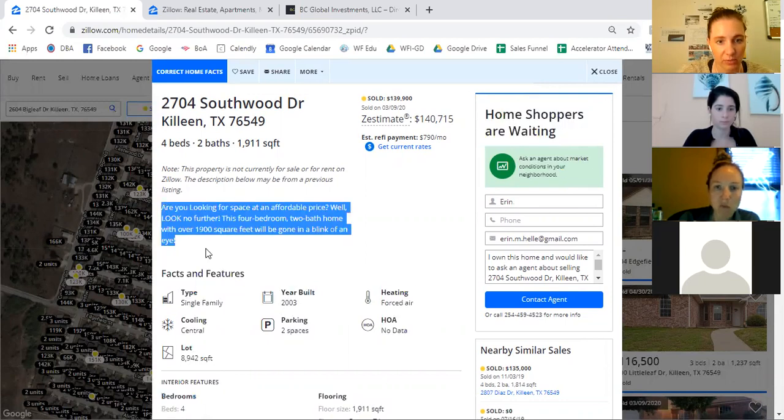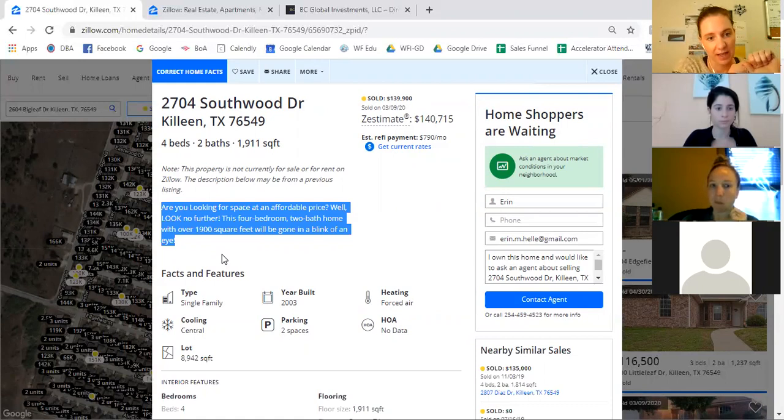This 4 bedroom, 2 bath home with over 1,900 square feet will be gone in the blink of an eye. So 2 things really reach out to me in this description. It says affordable price, which means it's probably undervalued a little bit, which probably means maybe it needs some work, or it's been very well loved and maybe has worn floors or whatever, but it's probably not something that was just updated.